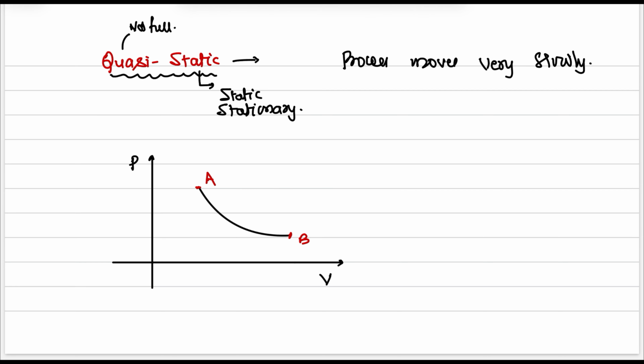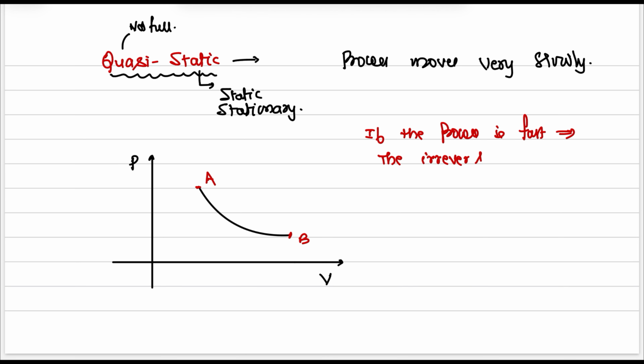Quasi-static. Otherwise, if the process is fast, the irreversibilities dominate. Come into effect.